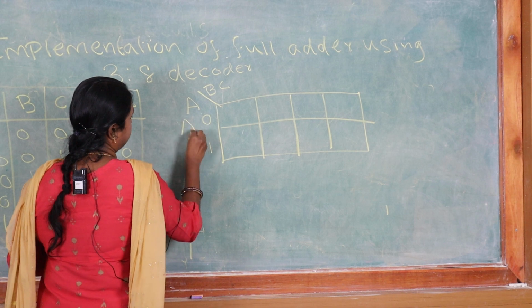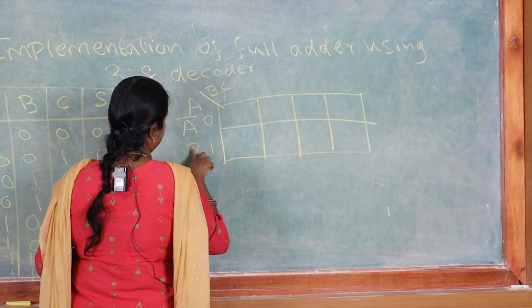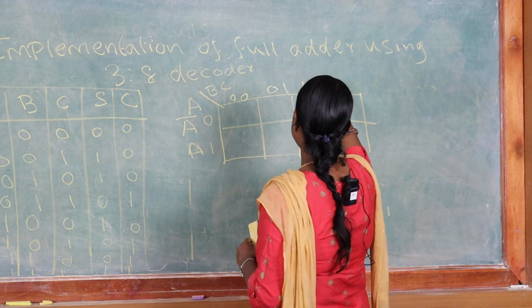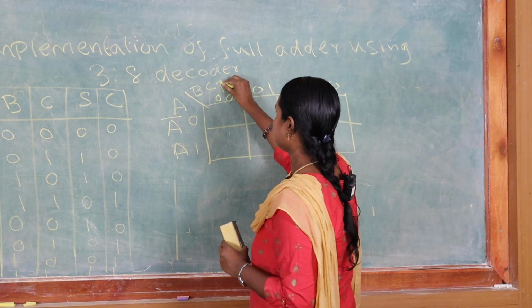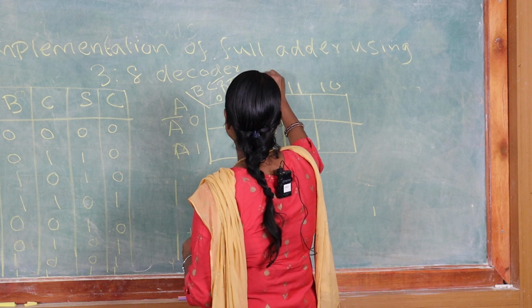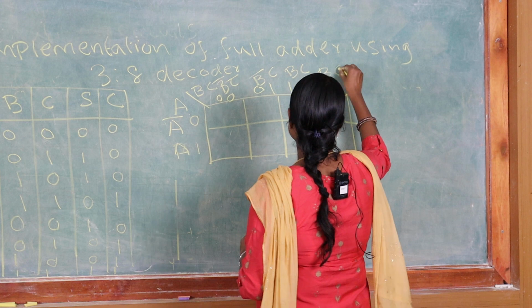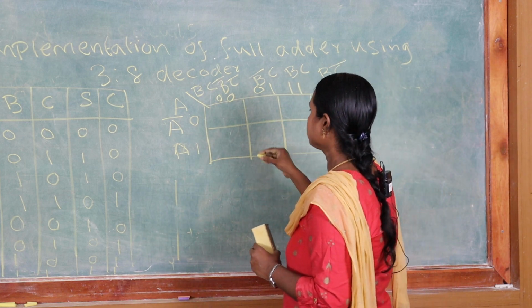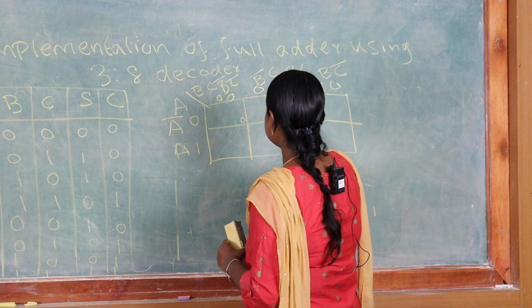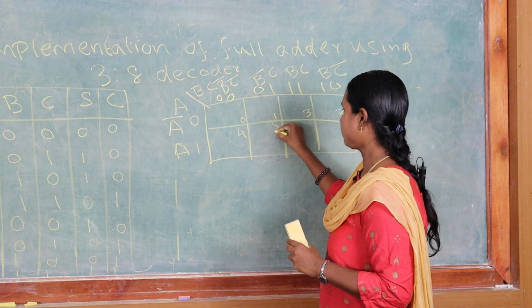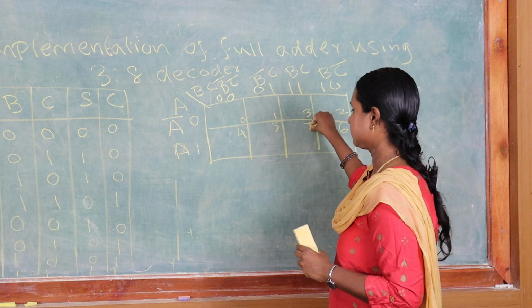If it is 0, it is A bar, and if it is 1, it is A. Similarly 00, 01, 11, 10, so B bar C bar, B bar C, B C, B C bar. Now according to place value we have to write: 0, 1, 2, 3, 4, 5, 6, 7.